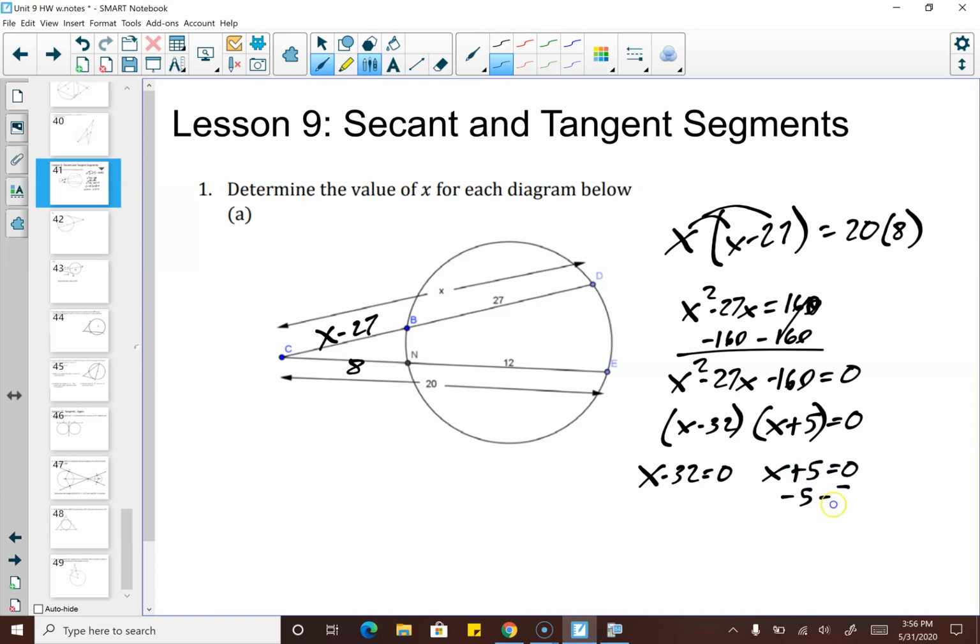We'll subtract 5 on both sides. That gives us x equals negative 5. Now we're talking about lengths here, so we know that has to be out. So then we'll add 32, and that makes 32, not 34, and that makes a lot more sense. So the value of x here is going to be 32.